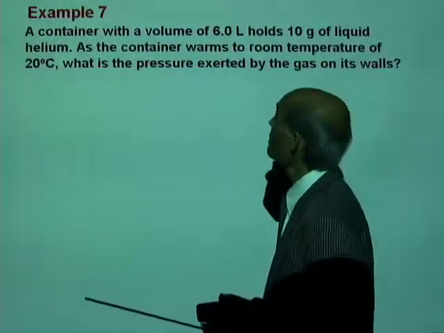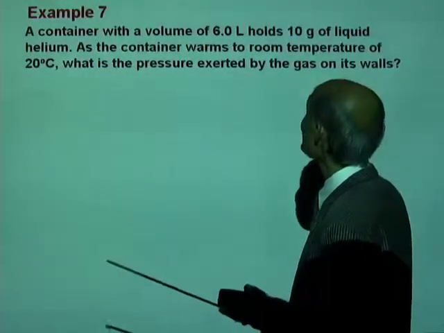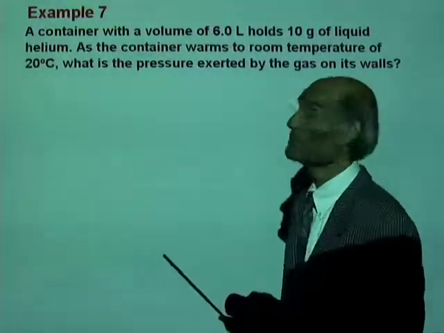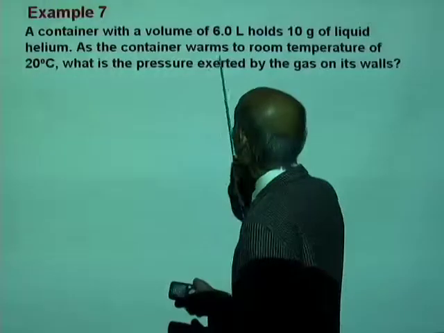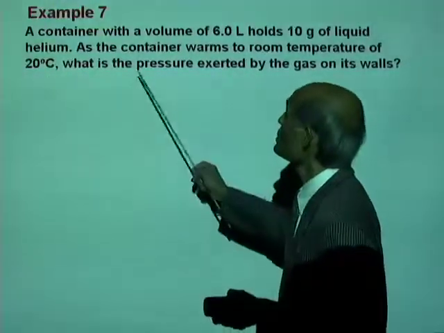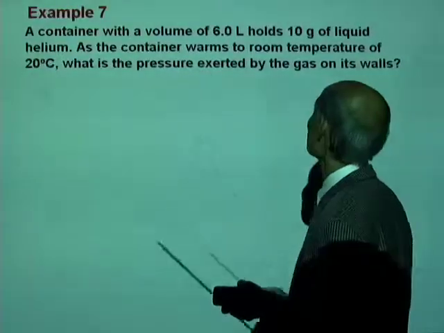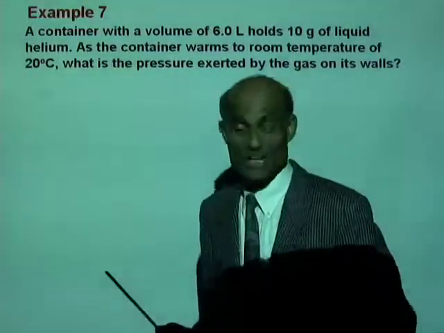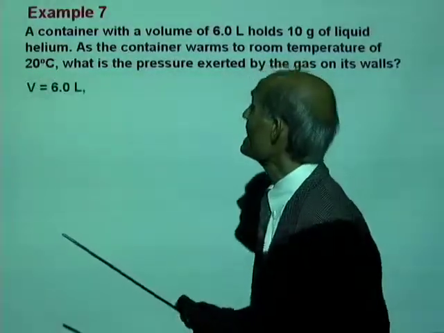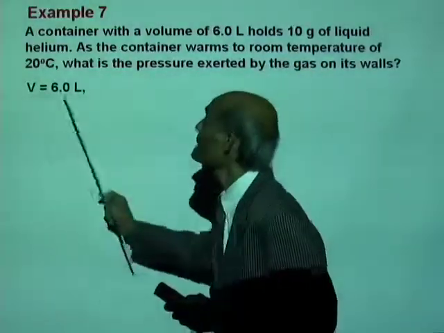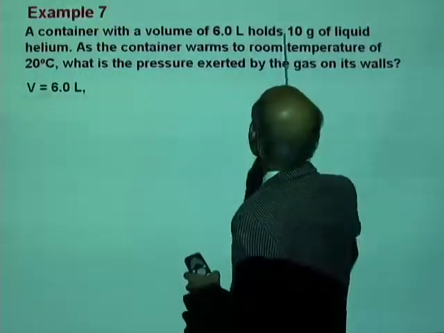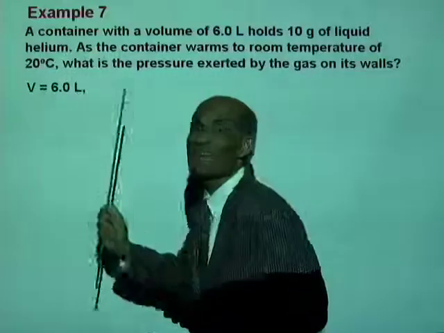A container with a volume of 6 liter holds 10 gram of liquid helium. As the container warms to room temperature of 20 degrees Celsius, what is the pressure exerted by the gas on its walls? Well, let's pick the given data. The volume of the container is 6 liters. And we have 10 gram of liquid helium.